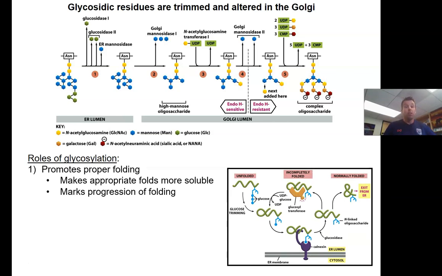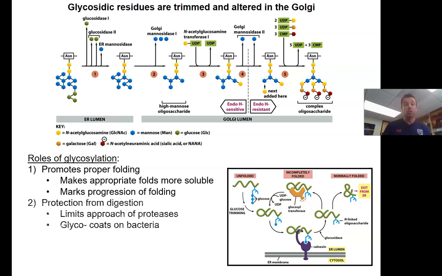All right. Again, this is important enough that I'm going to give the final rules. The glycosylation helps promote proper folding, makes sure they're folded properly, and marks the progression. So make sure the protein is folding appropriately to move forward through the Golgi. The glycosylation at the end, so once it's fully glycosylated, has some really important roles because that's protection. That's actually going to protect from degradation and proteases.